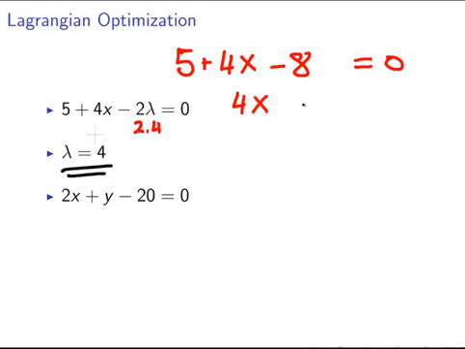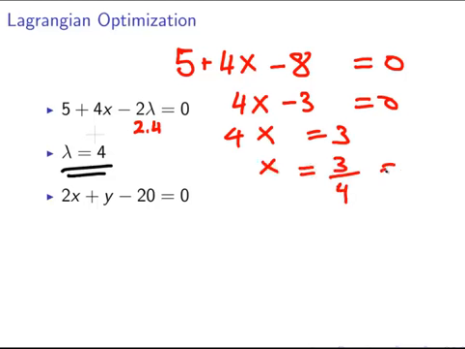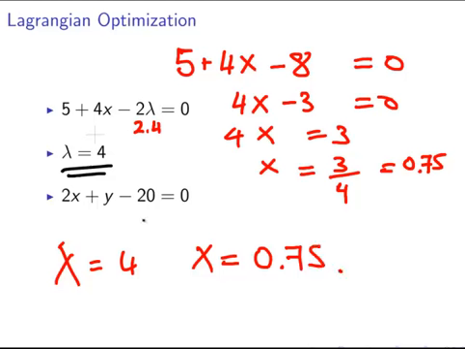So 4x minus 3, 5 minus 8, is equal to 0. 4x is equal to 3, x is equal to 3/4, or let's call that 0.75. That's a big step. So we know lambda is equal to 4, and now we know x is equal to 0.75. That is going to help us with this last one, because we already know what x is, and we just need to compute what y is.